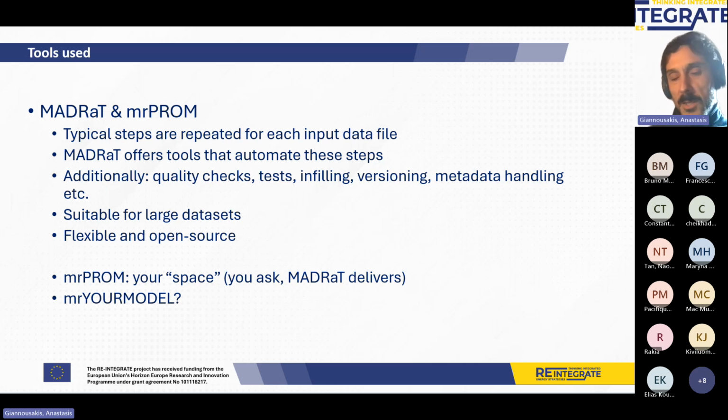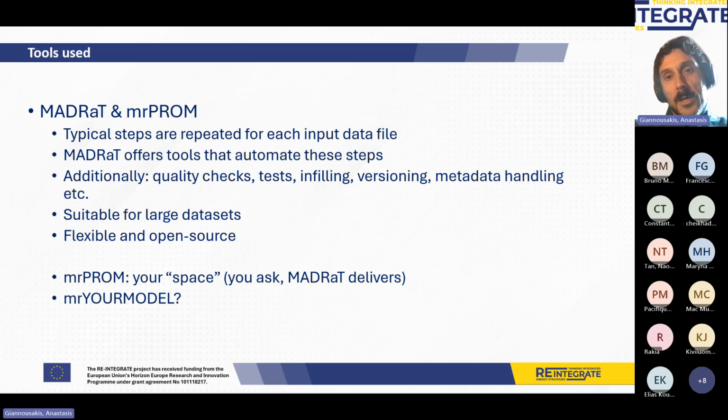For each input data file, you might want to first look at the regional aggregation, if it's suitable, or you might want to correct some mistakes. You might want to, at some point, bring it to a format that is applicable to your model. And you have to do this over and over again for each new data source. So the idea behind Madrat is that these steps can be automated.